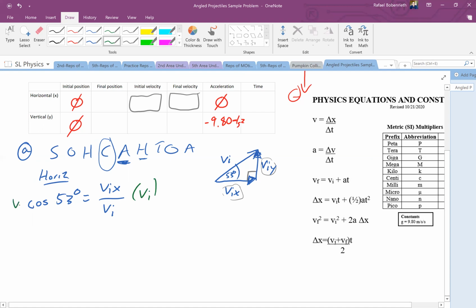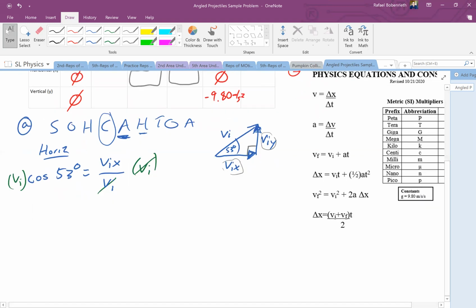If we multiply both sides by the initial velocity, this is going to cancel. What we get is that the initial velocity times the cosine of 53 degrees will give us the initial velocity in the x direction.